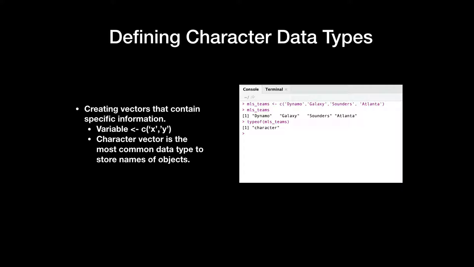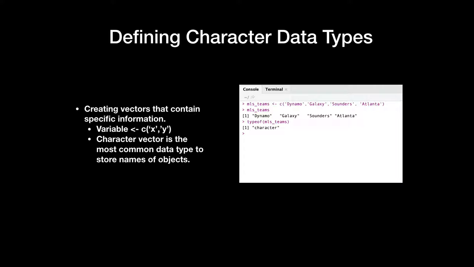So here we have vectors, creating vectors that contain specific information. You're going to have a variable given the information by a collective vector of x and y. The character vector is the most common data type to store names of objects.